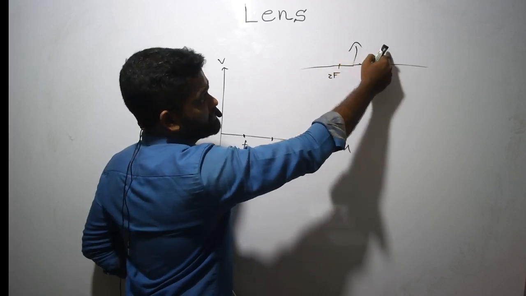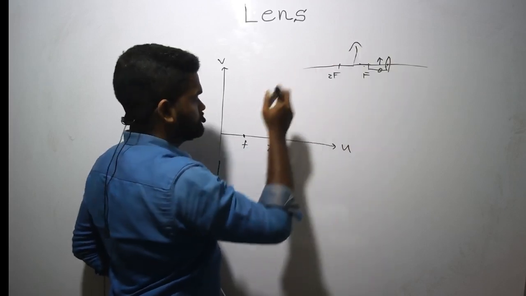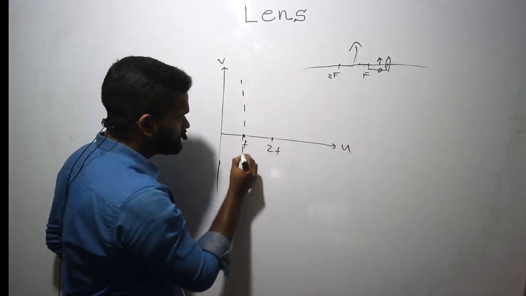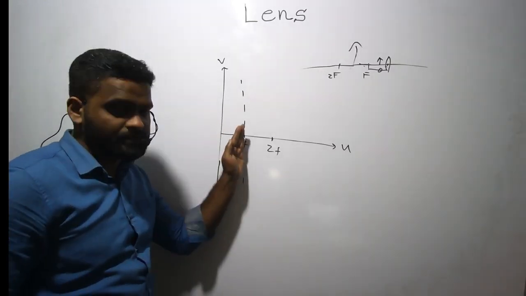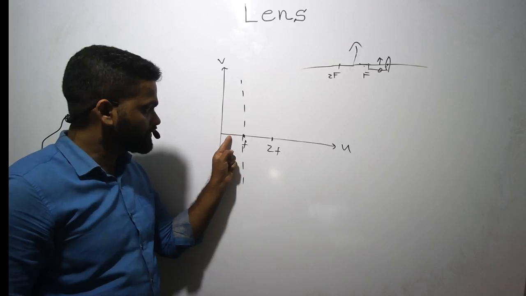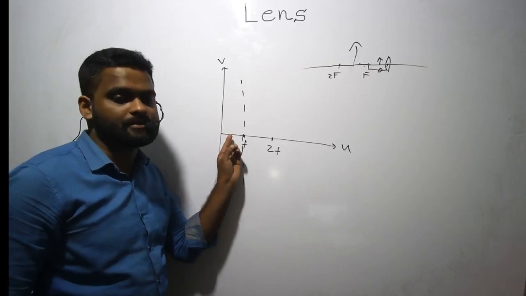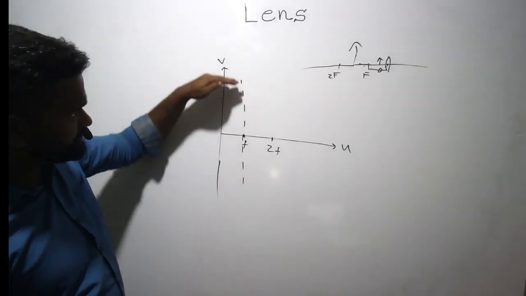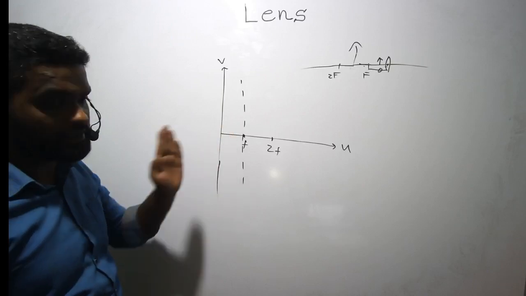Virtual images means image distance is positive. So for this region, always it is virtual images, so the v value should be positive, between 0 and f.